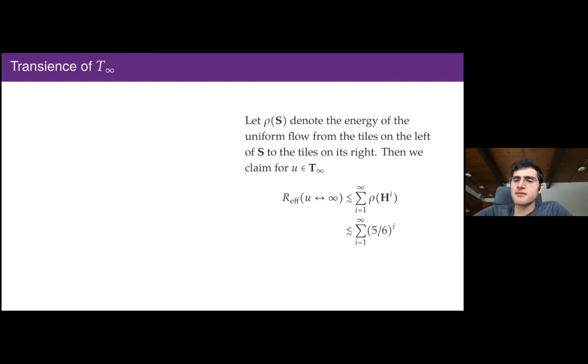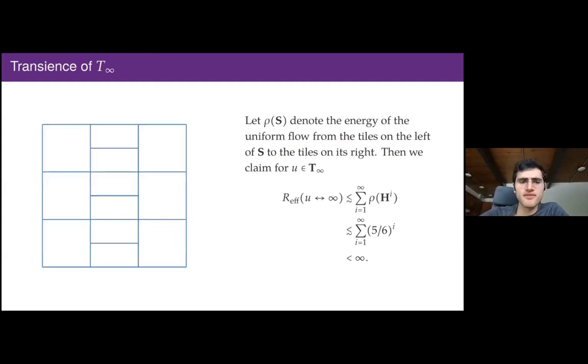And the claim is that this is a geometric series, and rho of H_i decays geometrically as i goes to infinity. Of course, if that is true, then you get a finite sum that tells you that T infinity is transient.